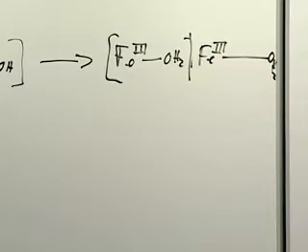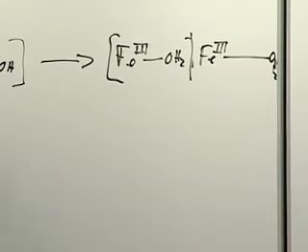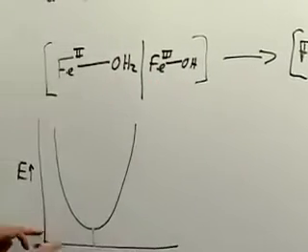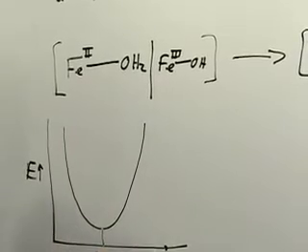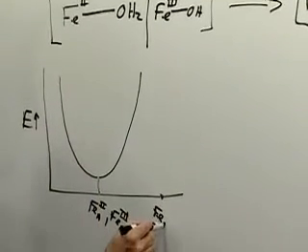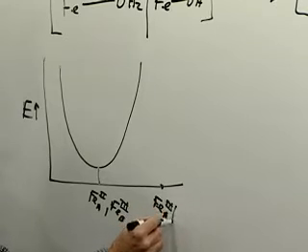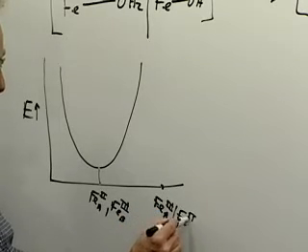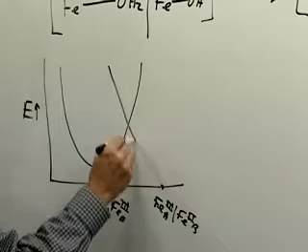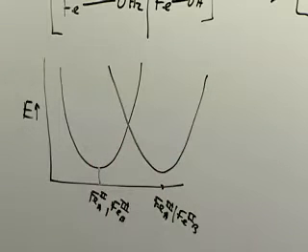And that's going to have a different set of coordinates. If we're talking about the asymmetric stretch, it's going to have a different position. So this is going to be A with the iron 3. And we'll have another set of coordinates.